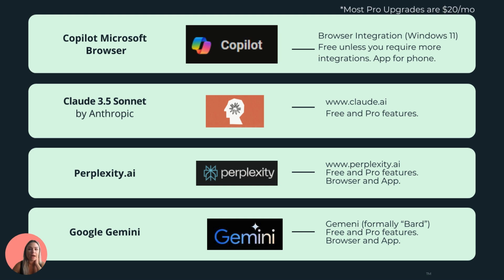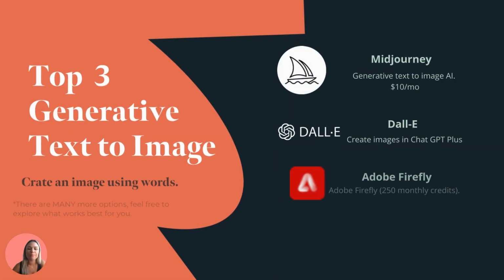And then we got Copilot, which I integrate into my Microsoft Edge browser. So some of these are basically LLMs themselves, and then some of them rely on other core AI programs like ChatGPT to power their programming. Okay. So just be aware of what an LLM is, large language model.